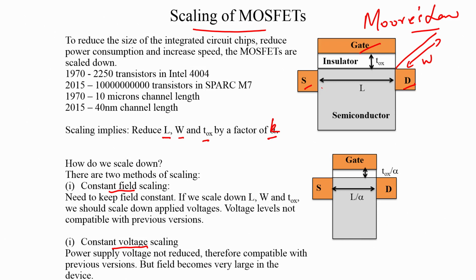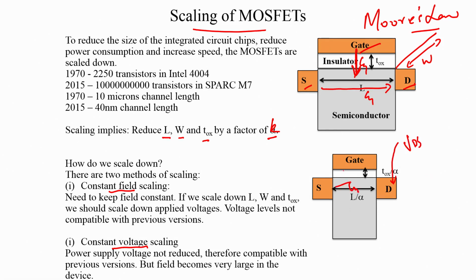There was a certain electric field in this MOSFET, a gate field, a source to drain field, etc. And we want to keep the magnitude of these field strengths the same, even though the transistors have been made smaller. We achieve that by simultaneously scaling down the voltages.